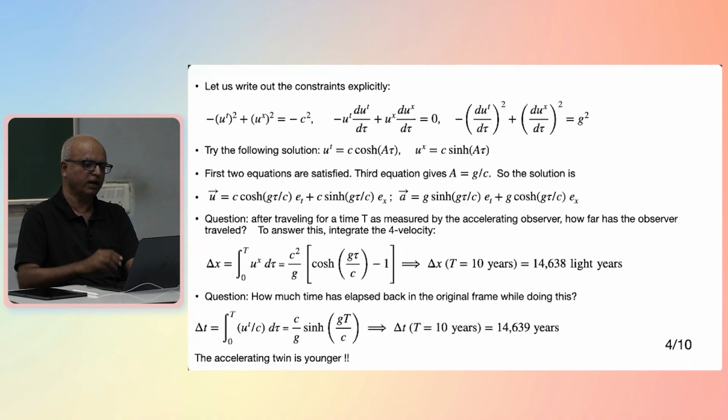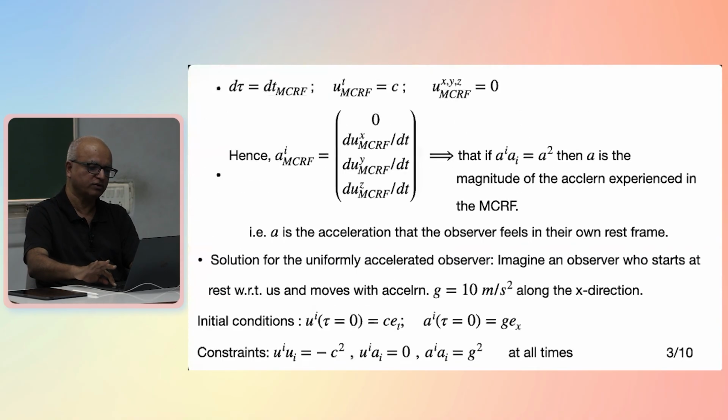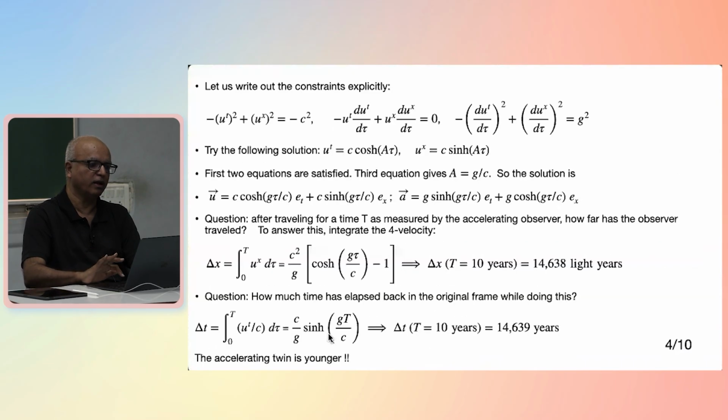All right. So, let us write down these constraints explicitly. u^i u_i equals minus c square. My signature is minus plus plus plus. So, the first of these equations, this fellow. I am going to write all these out explicitly. There will be only t and x components, the y component and z component are 0. Right. u^i u_i is minus c square, that is this equation.